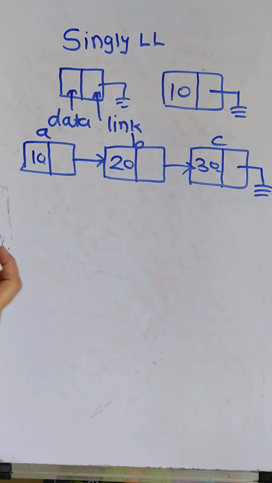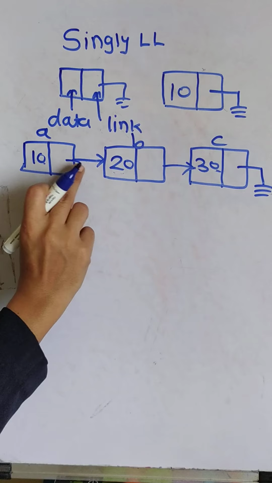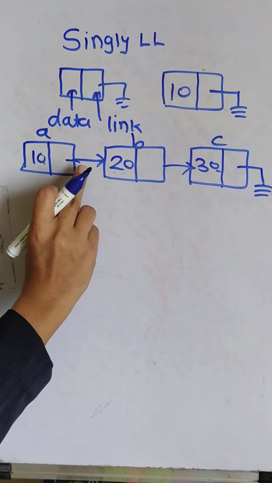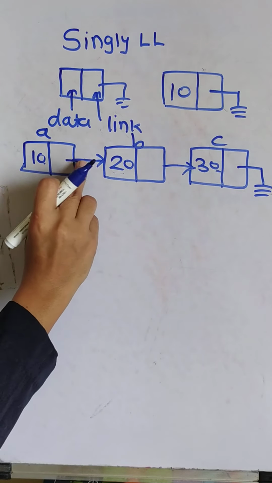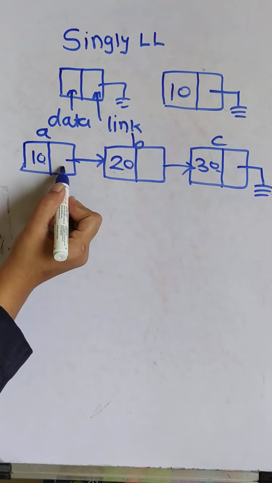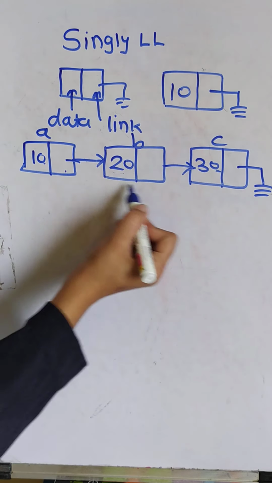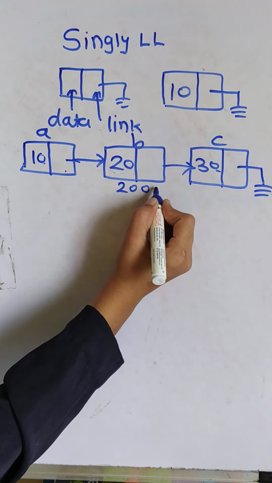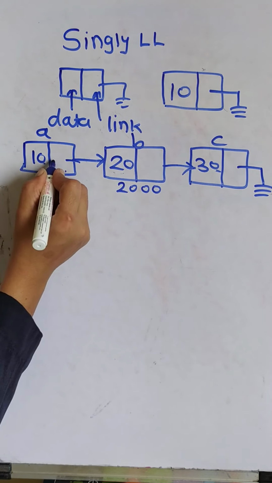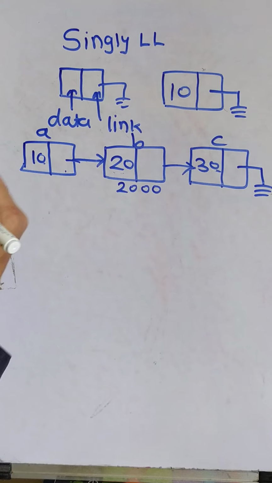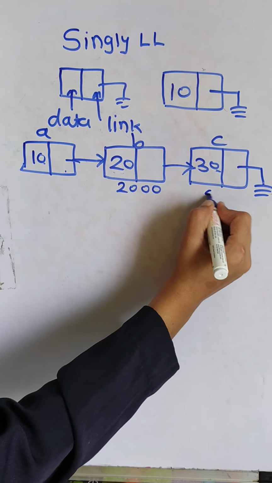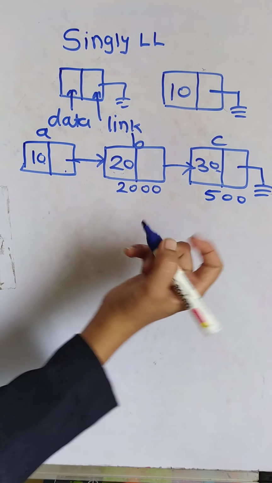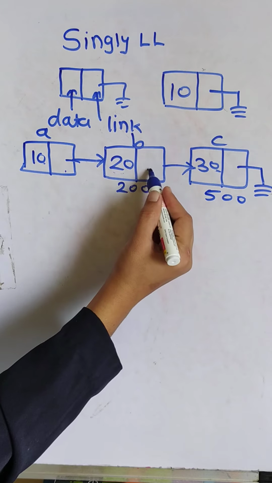And this part stores the address. This is a link. This arrow means this is your pointer. This field stores the address of the next node. Suppose the address of this node is 2000, then this stores the address 2000 here. And suppose the address of this node is 500, then this 500 is here.